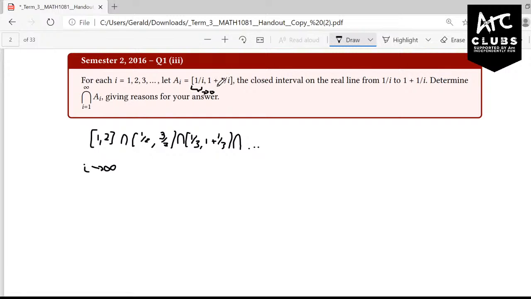And because this goes to 0, this portion will go to 1. So basically that means your last set should be (0, 1]. What you end up doing is taking a bunch of these intersections, and the very last term would be (0, 1].